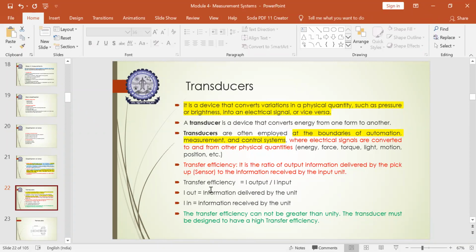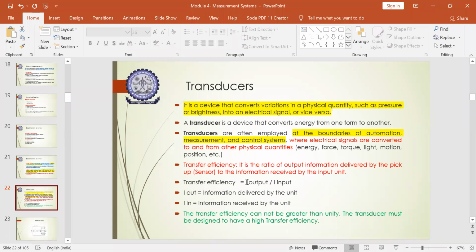Okay, so I suffix in is the information received by the unit as an input signal. So I suffix out will be the information delivered by the unit in the form of an output. So it could be a voltage, an electrical signal or any other quantity based on the input signal which is given to it.